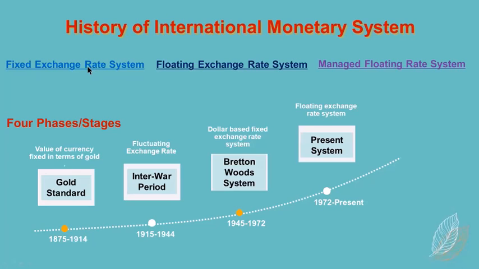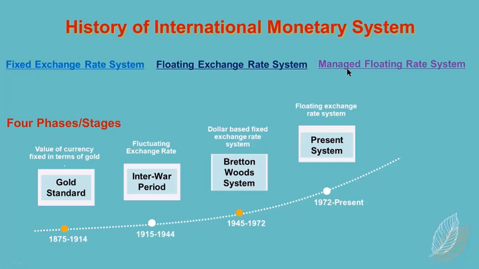So here, in a fixed system, the value is fixed on another currency, a basket of currencies, or any other metal or valuable asset. It is pegged. It is fixed. Here, it's left to the forces of the market. Here also, it is left to the forces of demand and supply, but with control in case of any need, with little intervention if the situation requires.